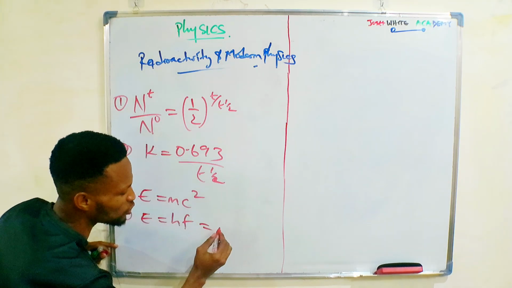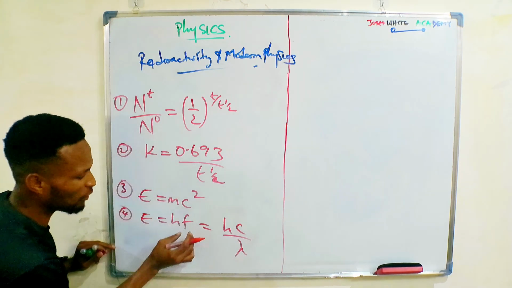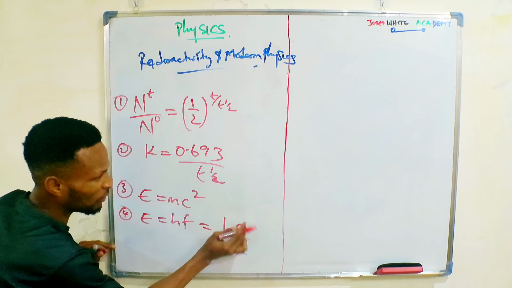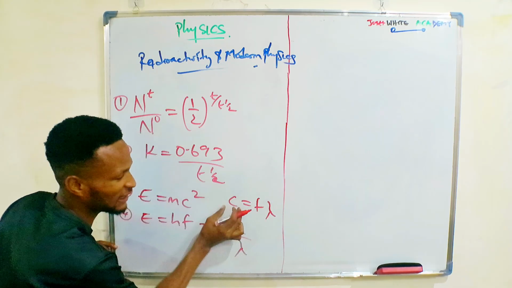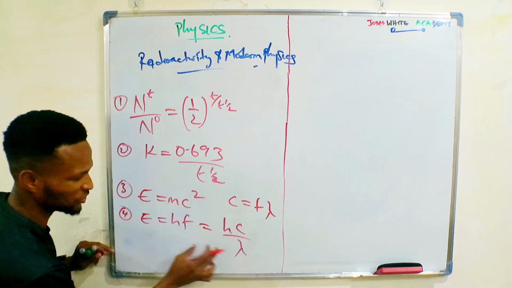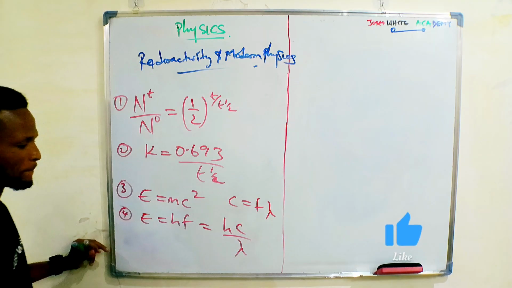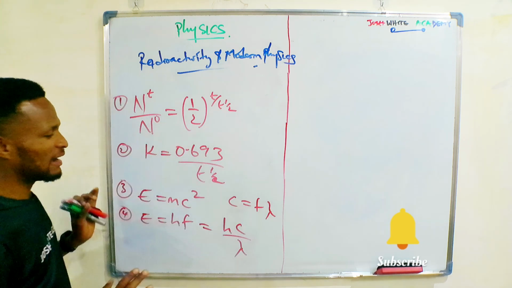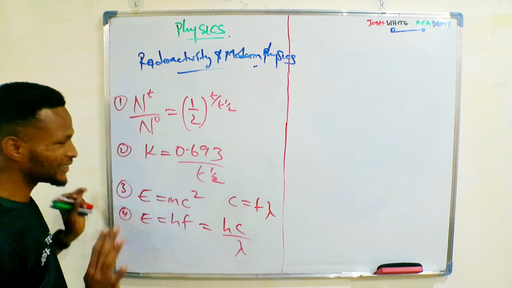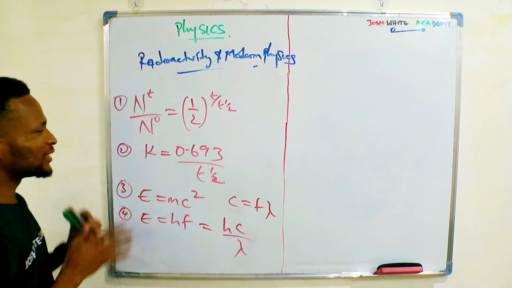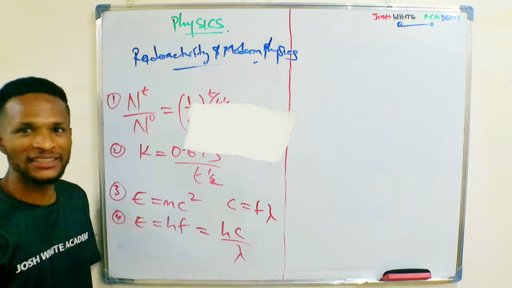Energy is also equal to hc over lambda, because c is equal to f lambda. That velocity is equal to f lambda. So they just substituted and it became hc over lambda. These are very important formulas you need to master on radioactivity or modern physics.